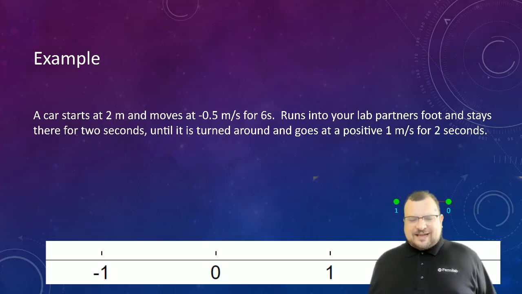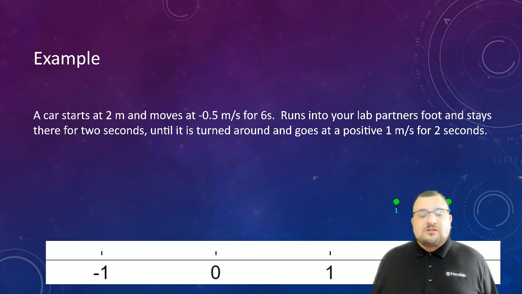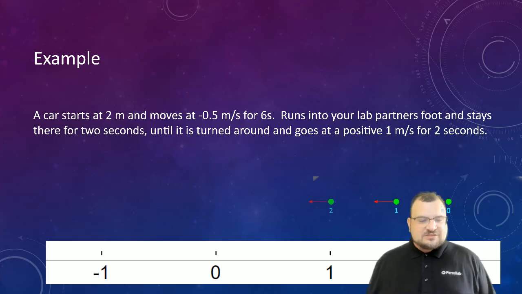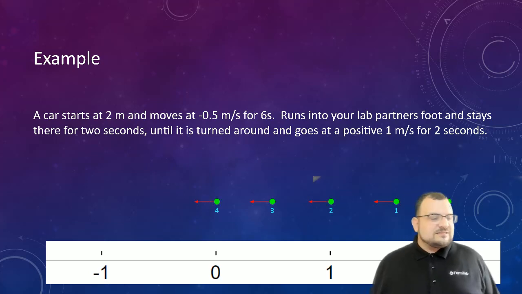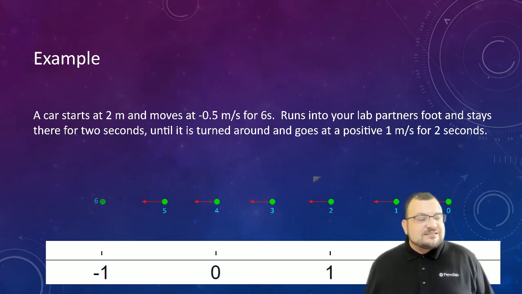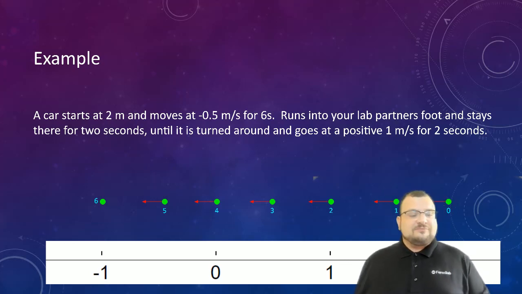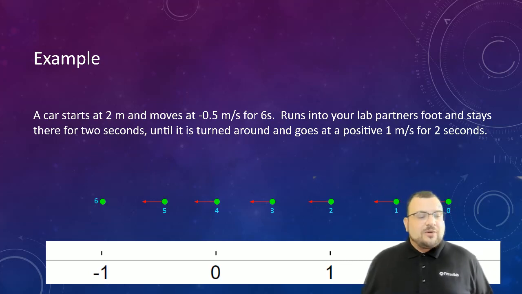So at 1 second, we're now sitting at 0.5 meters. We're still going at negative 0.5 meters per second. So I'm going to draw the same arrow, and I can do the exact same thing for 2 seconds, 3 seconds, 4 seconds, 5 seconds, 6 seconds, and now at 6 seconds we are no longer moving. So now we have stopped, and that is why I don't have an arrow.